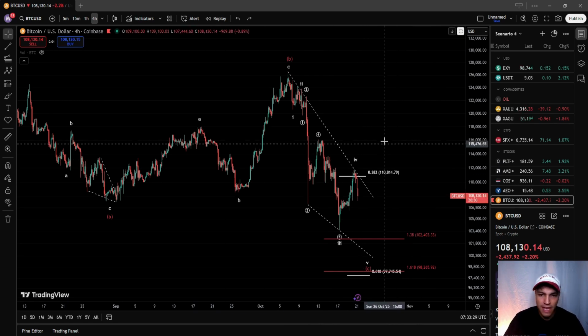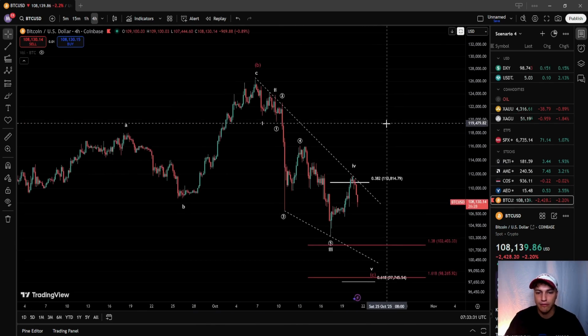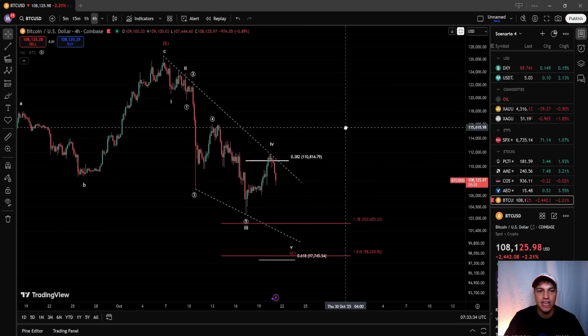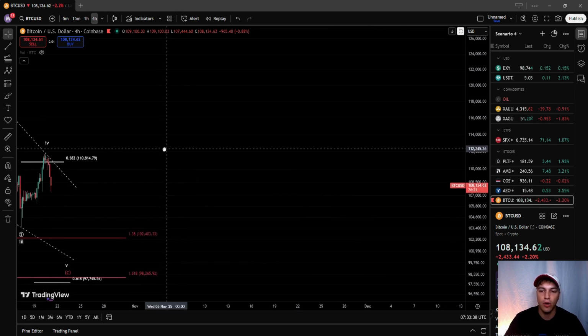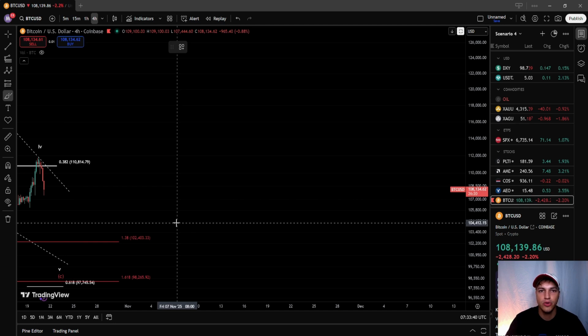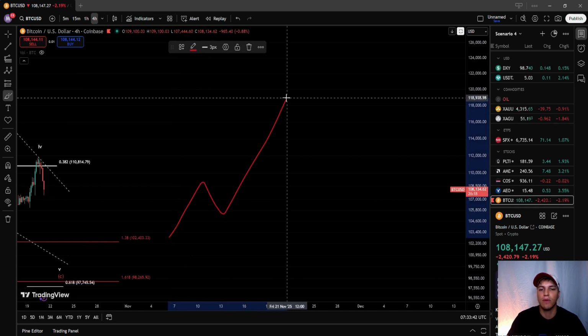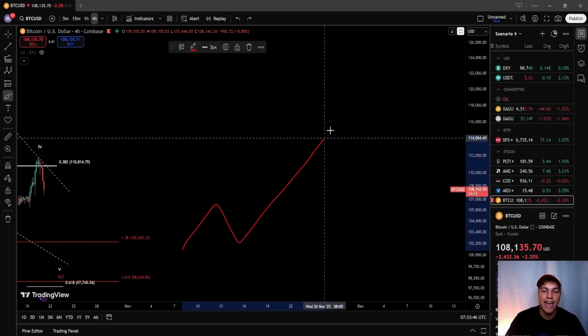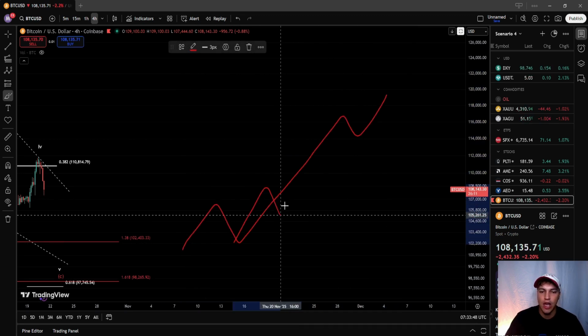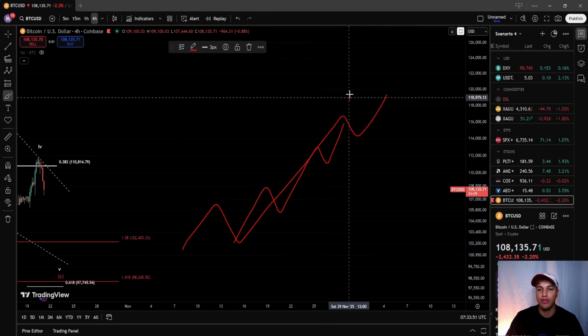So if we break down what this wave 3, or this wave C, is, we are looking at a multi 1-2. Now, how we count a multi 1-2 is, instead of just a 5-wave structure to the upside like this, we can count that there is a 5-wave structure in wave C, in wave 3.